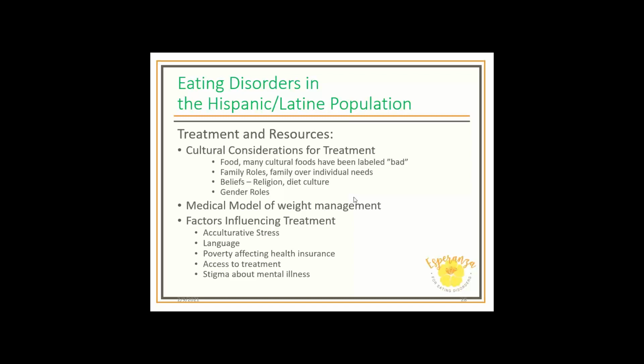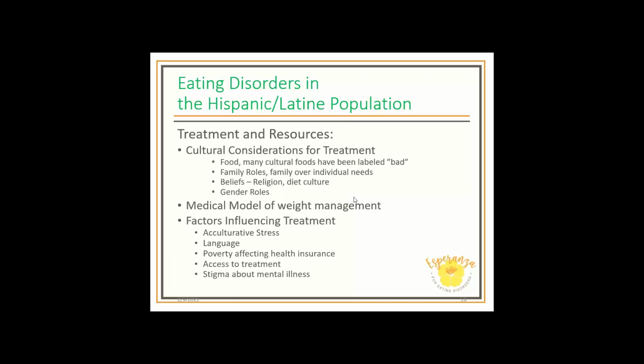Gender roles of maleness and of femaleness. If a young female has the pressure to be a homemaker or taking care of the rest of the family, they also are then encouraged to diet.